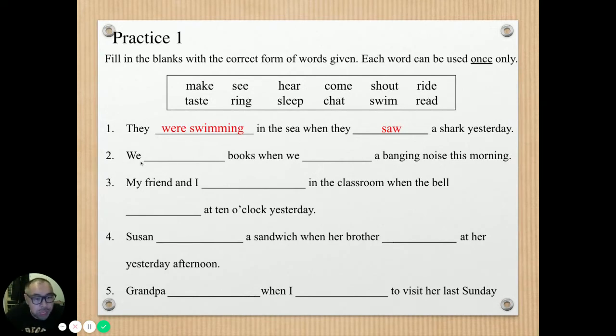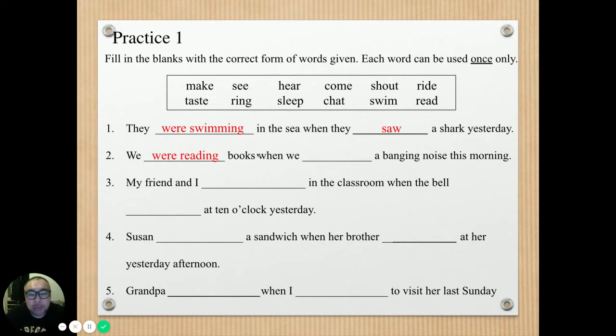2. We blank books when we blank a banging noise this morning. Banging noise means something loud. Books. What do we do with books? Yes, of course. Which one? Read. Were reading, of course. Why were? Yes, it's we. That's why.